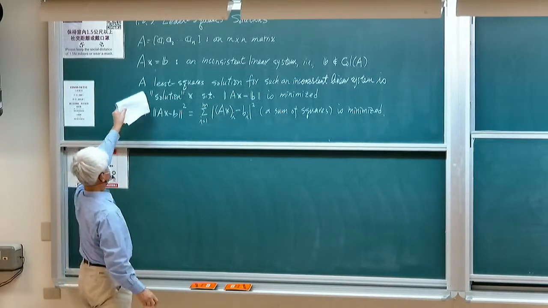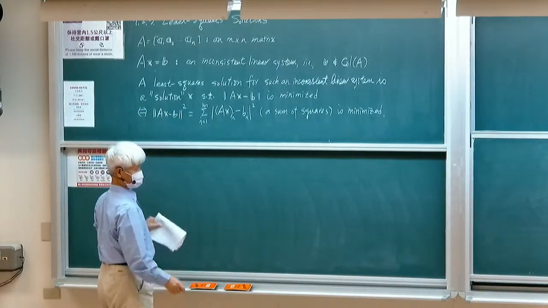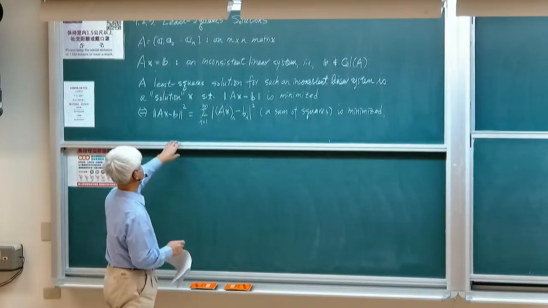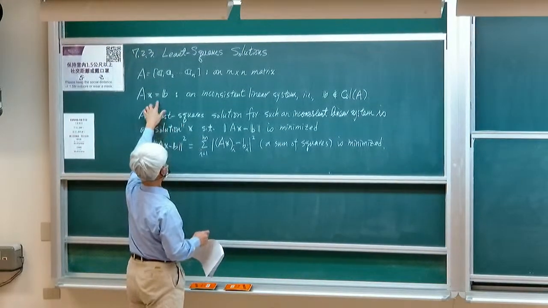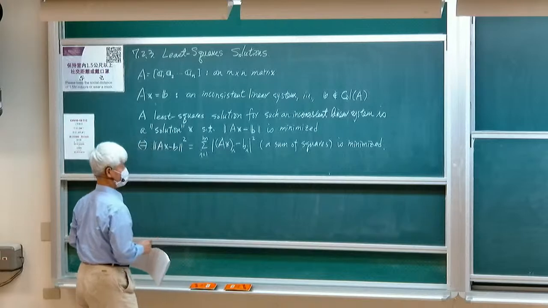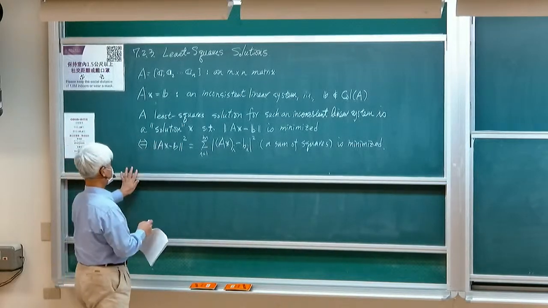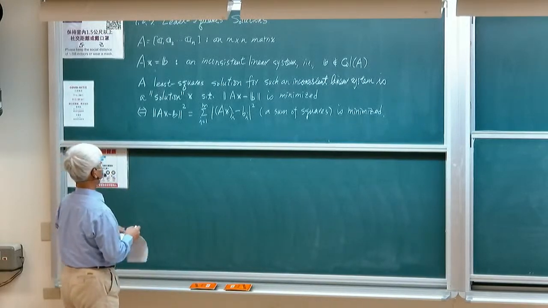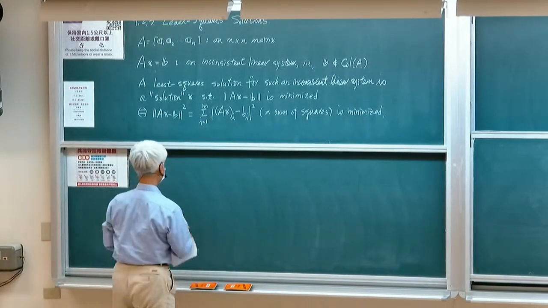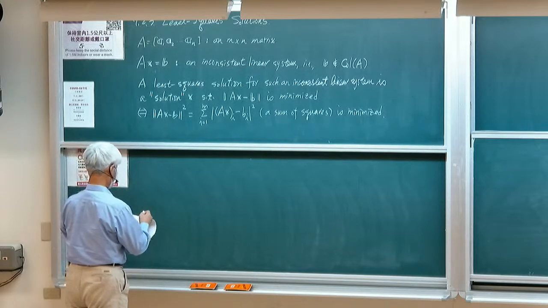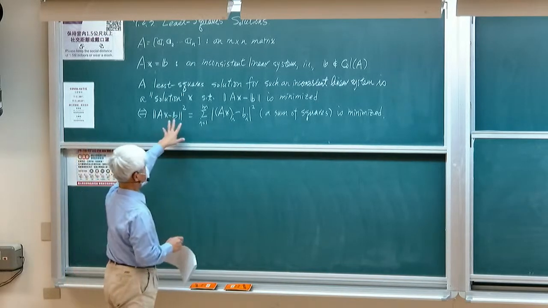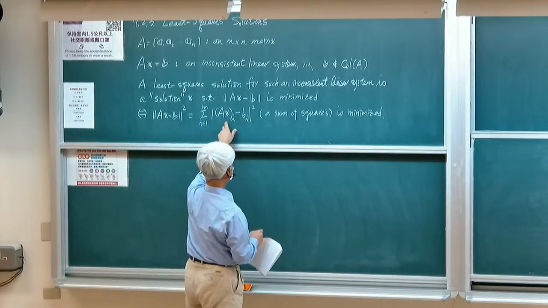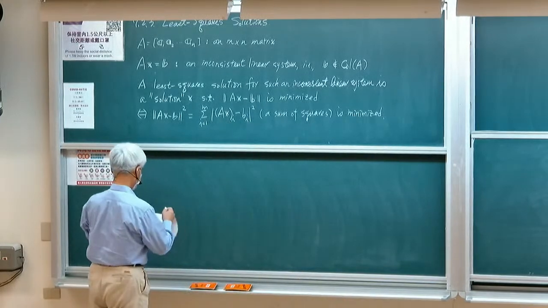Of course, this is one kind of solution for this inconsistent linear system. And actually, you can set different criteria to find a solution, other than minimizing such a sum of squares.